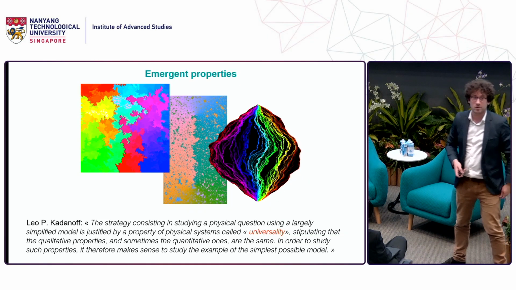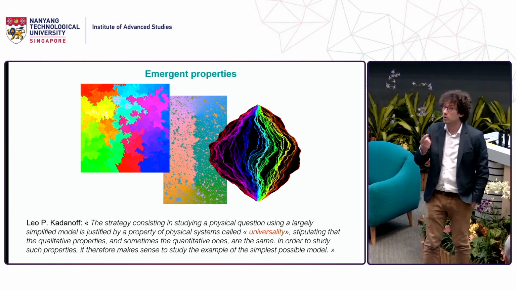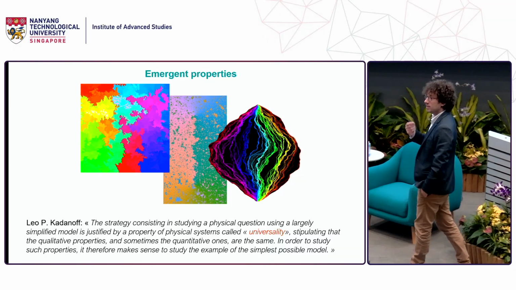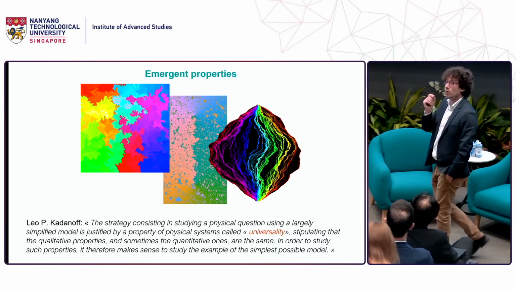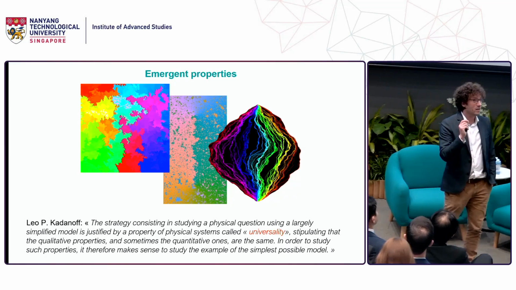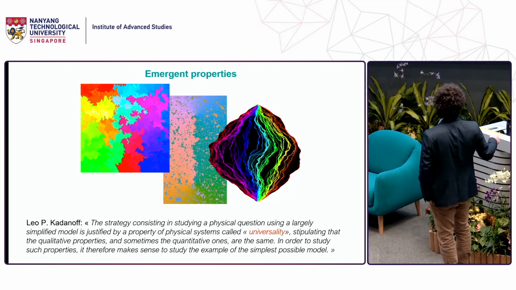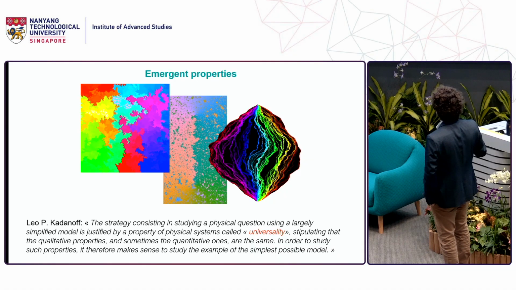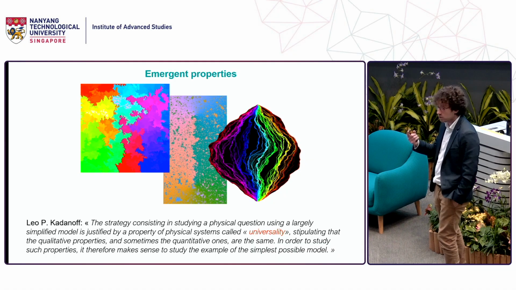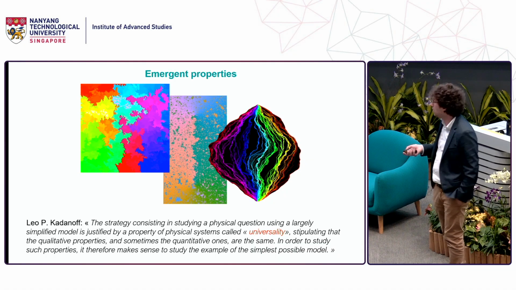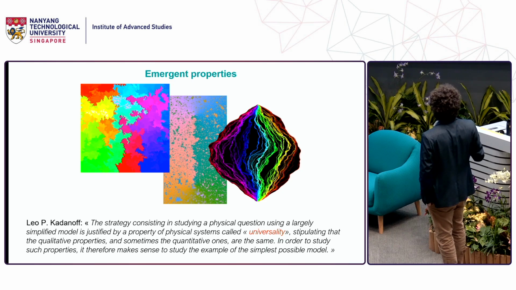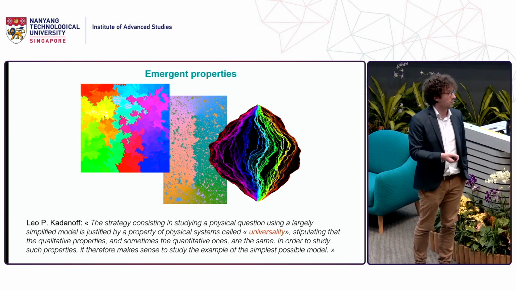And that is this universality property, and that's exactly what we are seeking when we do statistical mechanics, because if you have such a property, then there is clearly something you want to be doing, and that's what is explained in the last sentence. In order to study such properties of your models, if they are always the same, then it makes sense to study the simplest possible model.